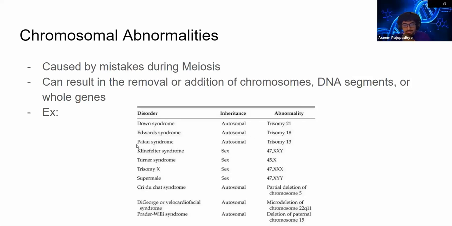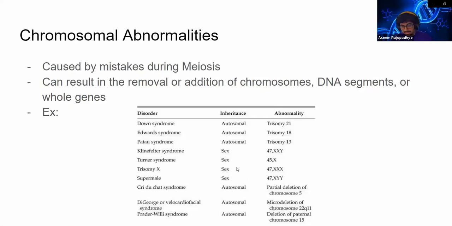Klinefelter syndrome is another extra chromosome disorder, with an extra X chromosome, which brings the total count up from 46 to 47, and it happens on the sex chromosome. And Turner syndrome is sort of the opposite. This happens only in females, and they have their second X chromosome removed, so they only have one X chromosome.